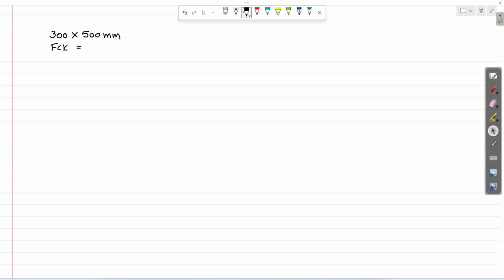Grade of concrete M25 Newton per mm square. Grade of steel 500 Newton per mm square. For columns, clear cover is 40 mm.